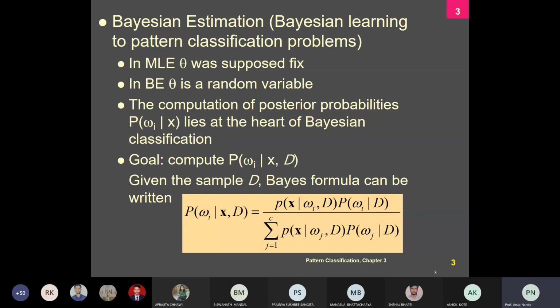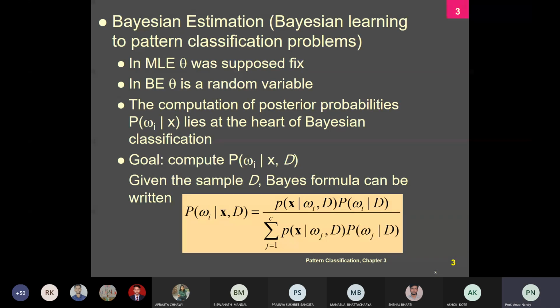Now you can use this formula. The only information given to you is this capital D information; nothing else is given. So you can use the information provided by the training samples, and it will help you determine the class conditional density and the prior probabilities.